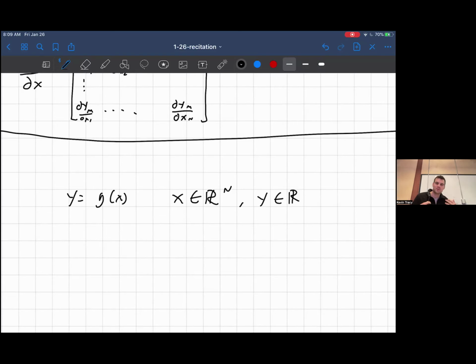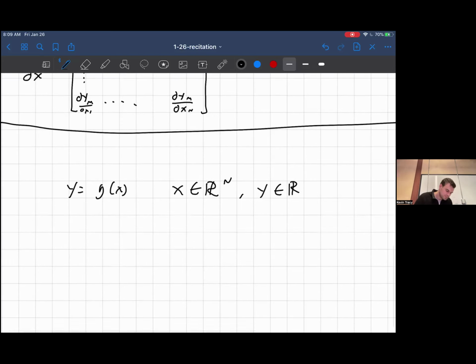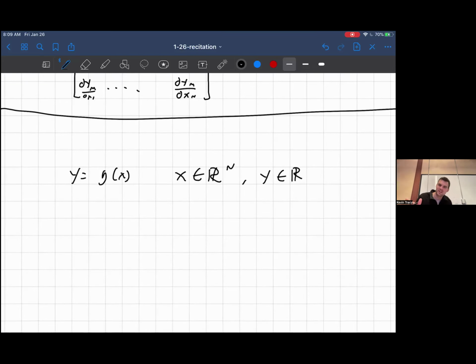And whenever we have a vector coming in and a scalar coming out, there's two different types of derivatives we can come up with. So the first is, again, just like any other function, I can take the Jacobian of this. So if you remember what the Jacobian looks like, this is del g of x, and we have as many rows as we have outputs. In this case, we have one output since it's a scalar output.